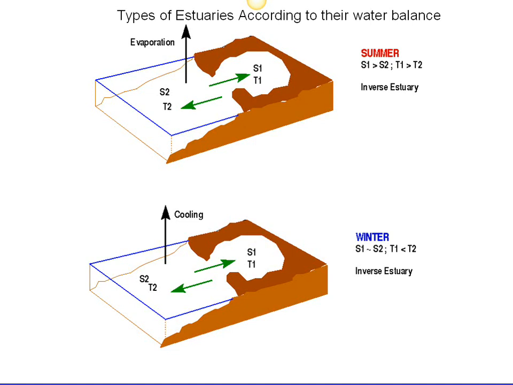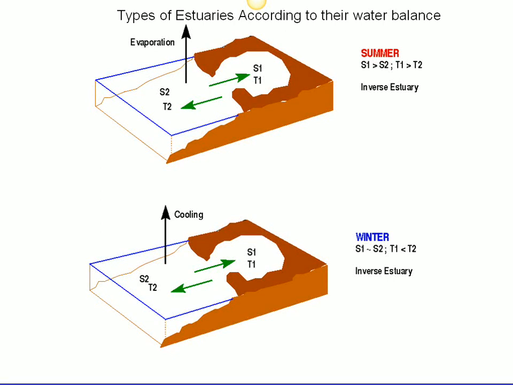All right, so up to now we've talked about typical estuaries and the most widely studied estuaries, because they're in temperate regions, and that's where the developed nations are and where research takes place mostly.